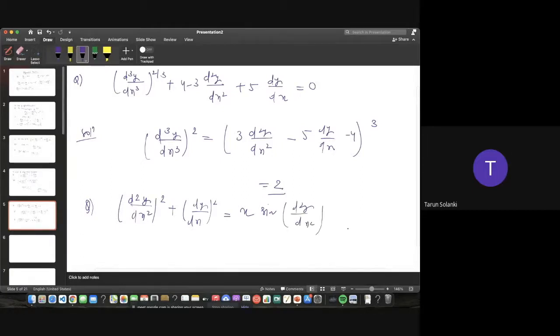So for this, since the given differential equation is not a polynomial equation in the differential coefficient due to this part, okay, so degree is not defined. So we can write here degree is not defined. The reason is since the given differential equation is not a polynomial equation in a differential coefficient, right?